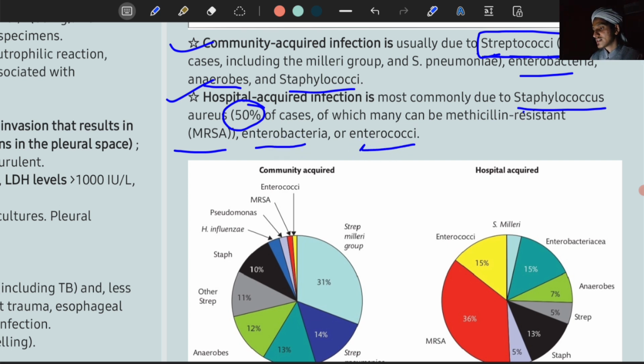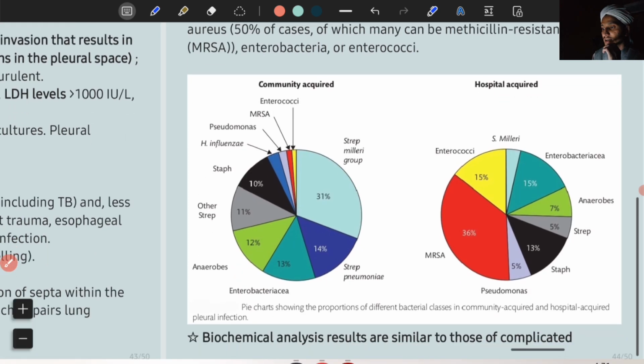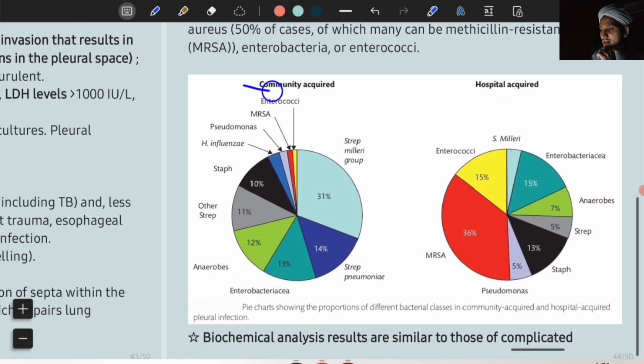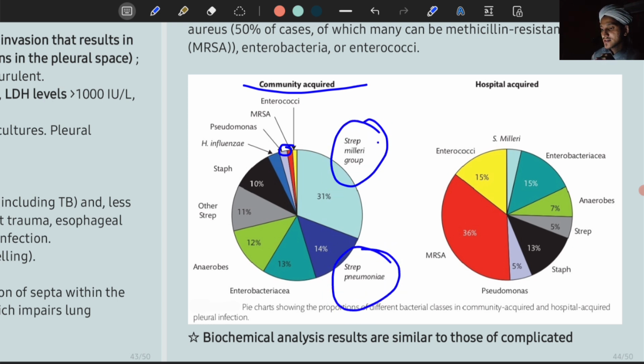So you see these pie charts. Here in community acquired infection, MRSA is very much less, and the Streptococcus group contributes very much in these cases.